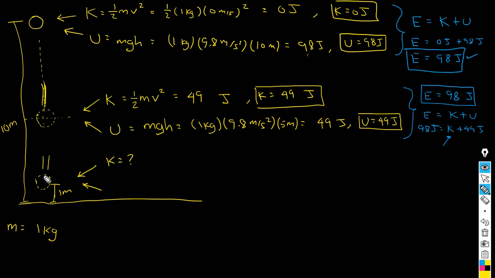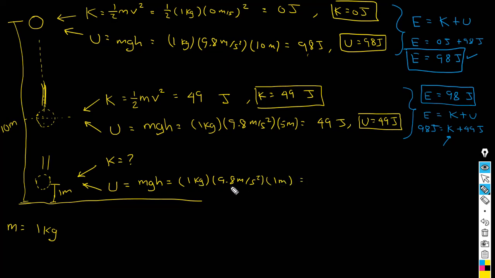We don't know the velocity of the particle at this point, but we don't need it. All we need to do is this. Let's calculate the potential energy of this particle at this height. So one more time, mgh: the mass is 1 kilogram, g is 9.8, and the height is 1 meter.